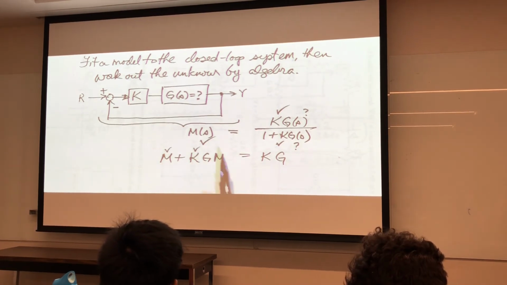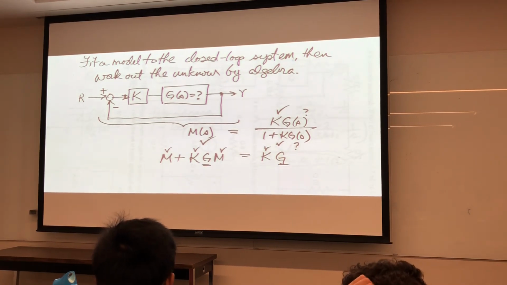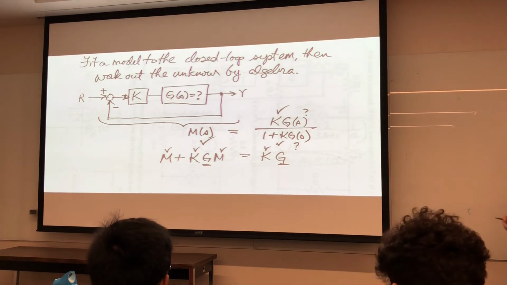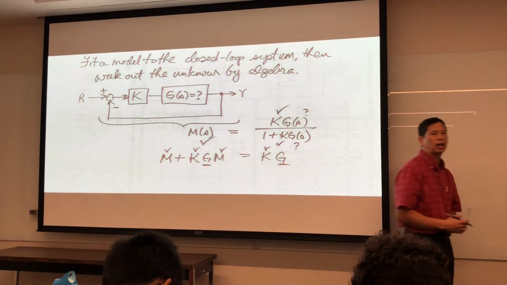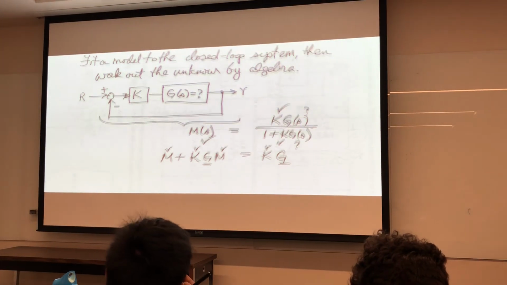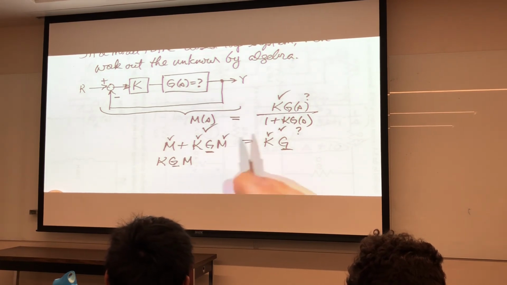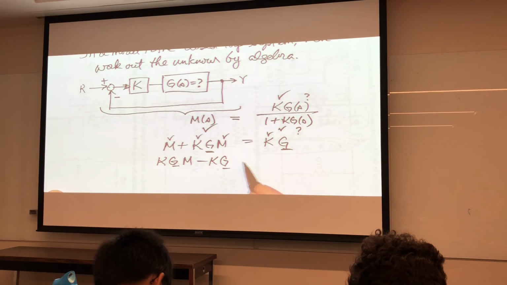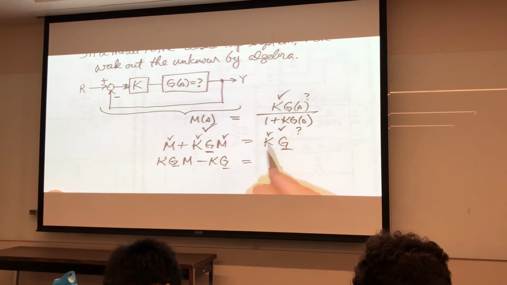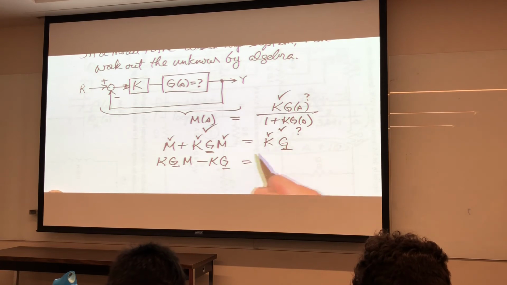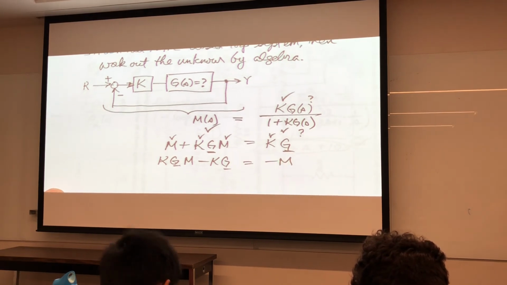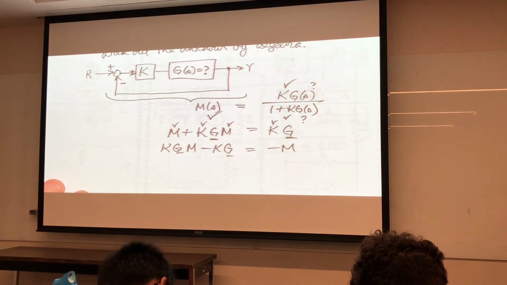I know M, I know K. I don't know this, and I don't know this. But I can do algebra to isolate the unknown on one side and put everything else on the other side. So I can say KGM, again I don't know that, minus KG, I don't know that, is equal to minus M. So I can factor out the G. I'm also going to reverse signs a little bit because I don't like minus signs.